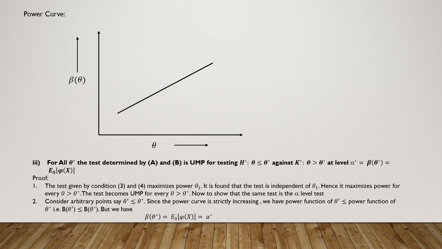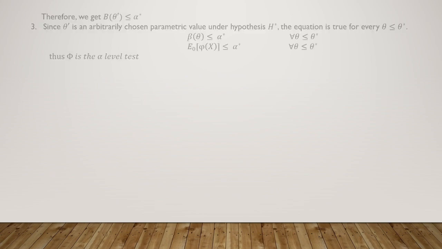That is, β(θ') ≤ β(θ*). But β(θ*) = E₀[φ(x)] = α*. So therefore we get β(θ') ≤ α*. Now since θ' is an arbitrarily chosen parametric value under hypothesis H*, the inequality is true for every θ ≤ θ*.